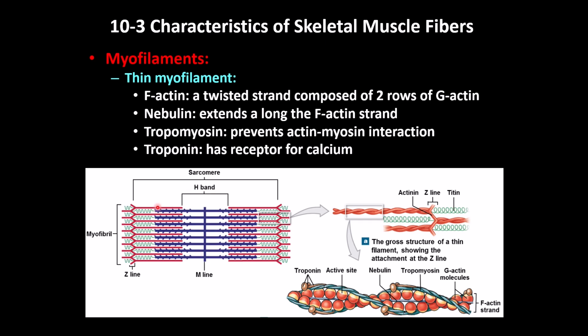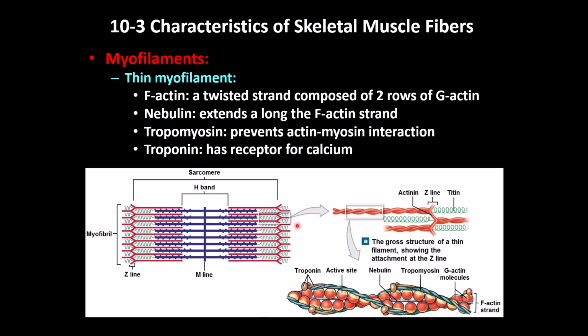Then this area from here to here that contains both thick and thin filament is called the zone of overlap. And from here to here is the A band. And the I band is this area that does not contain any thick filament.